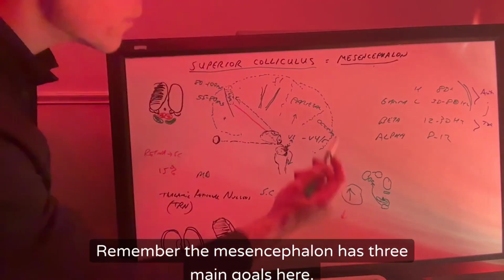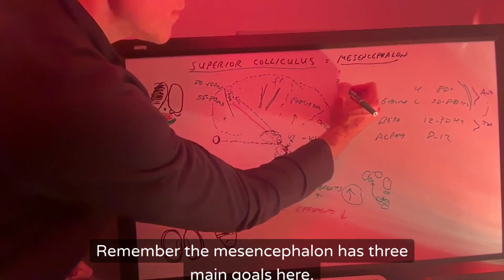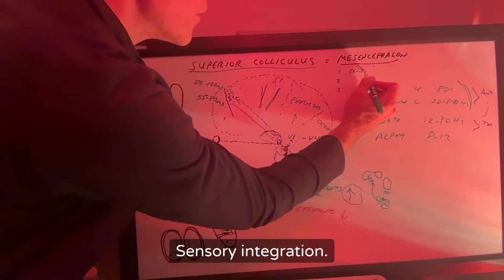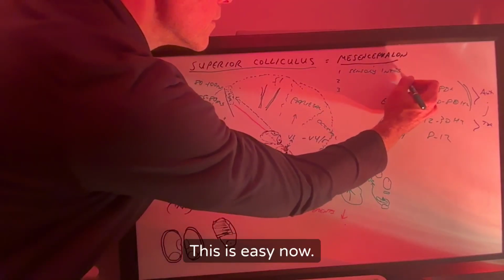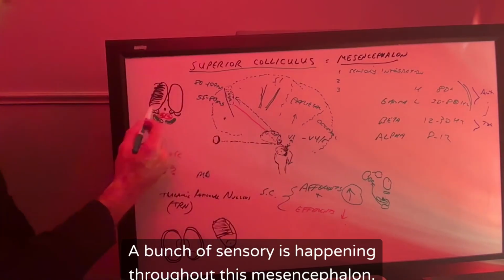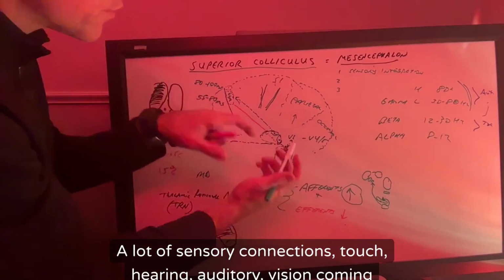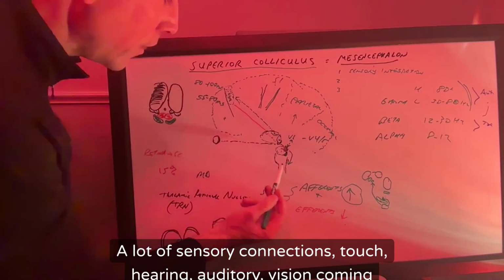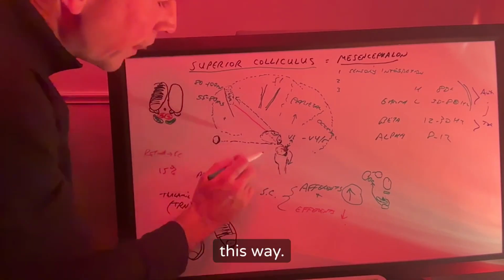Remember, the mesencephalon has three main goals here. Sensory integration, right? This is easy now. A bunch of sensory is happening throughout this mesencephalon. A lot of sensory connections: touch, hearing, auditory, vision coming this way.